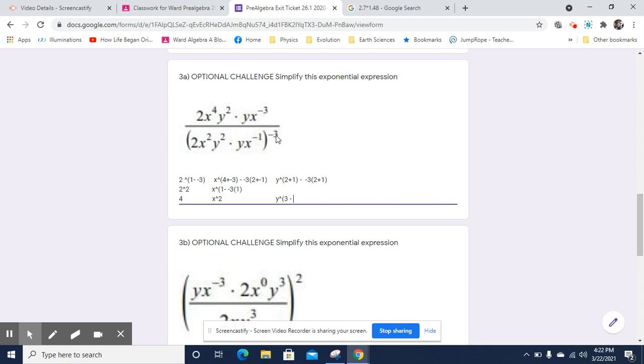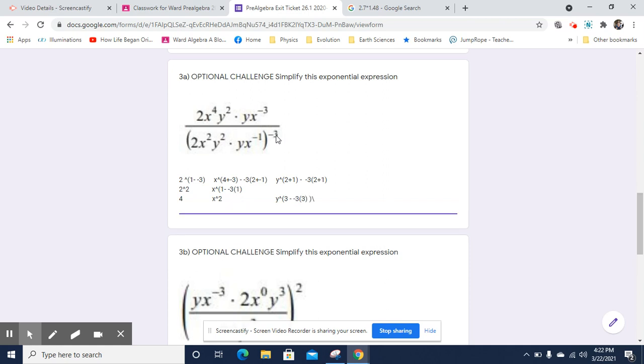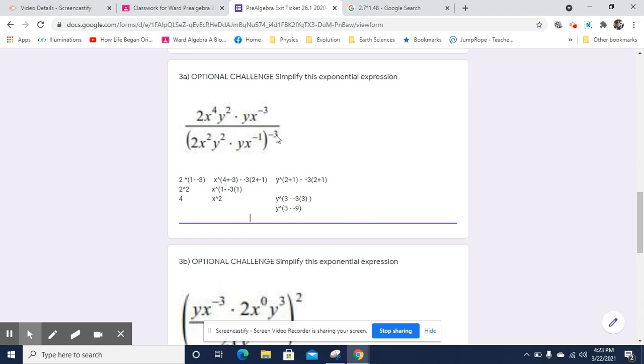Minus, I've got negative 3 times 3. And I'll go ahead and finish that now. That's going to end up being y to the 3 minus negative 9. Okay, and that's going to end up being just y to the 12th.